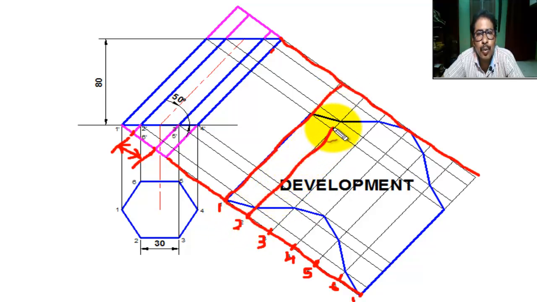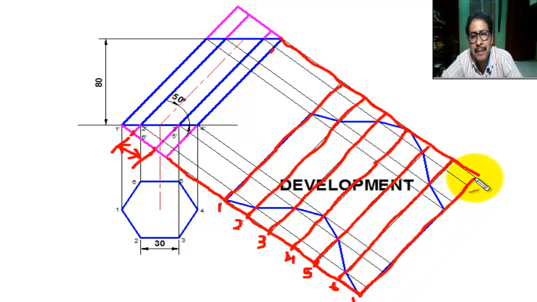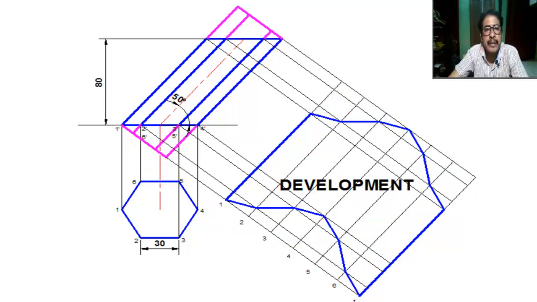From 2 point draw vertical to this line. From 3 point draw the vertical line. From 4 point draw the vertical line. From 5 point draw the vertical line. In this way, from 6 point draw the vertical line. From 1 point draw the vertical line.